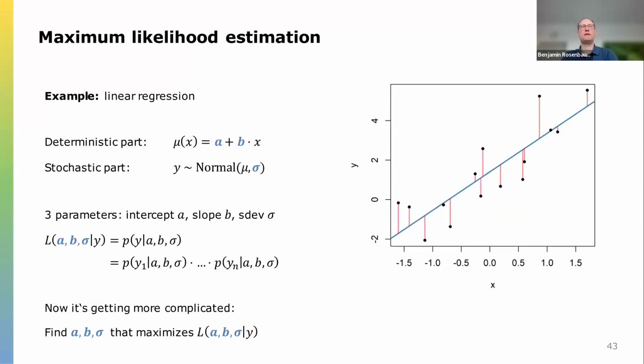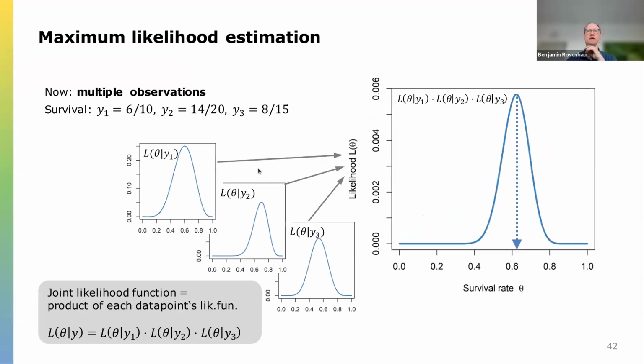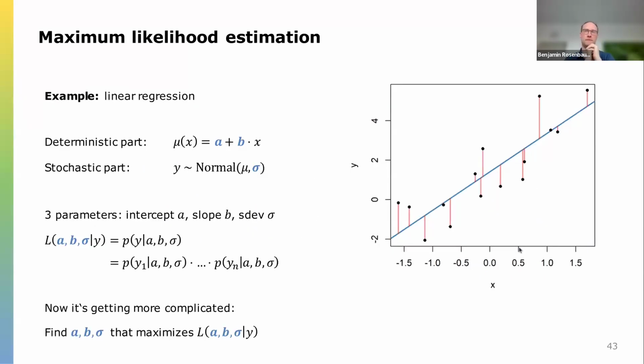In the case of linear regression, we now have 3 parameters, right? Here we just had 1 parameter, but usually your models will have more than 1 parameter. For instance, in a linear regression, already 3. So you have to estimate an intercept, this is A, and you have to estimate the slope, B. This is usually what you're most interested in.